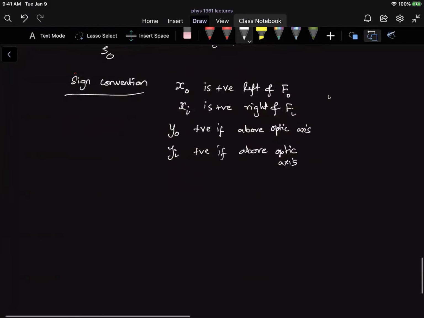Okay, so we can right away write YO divided by the magnitude of YI is equal to F divided by SI minus F. Okay, that's equation 1.